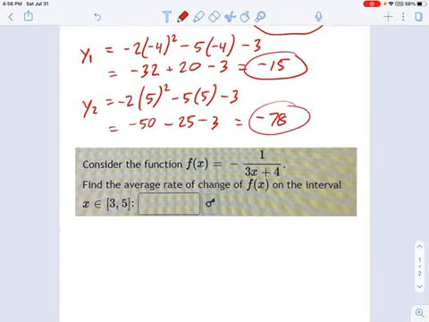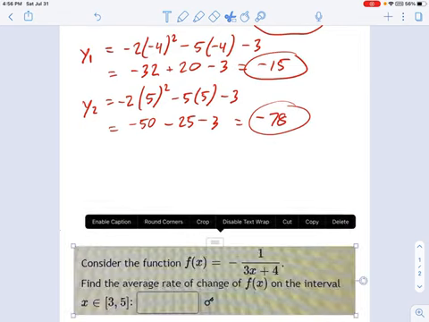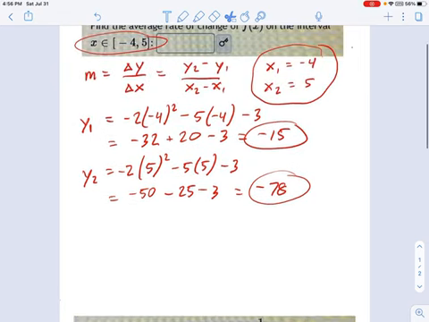Okay, so we're almost done. Now we just have to take these numbers and put them into our equation for slope. So my slope, my average rate of change, is y2, -78, minus y1, -15, divided by x2, 5, minus x1, -4.